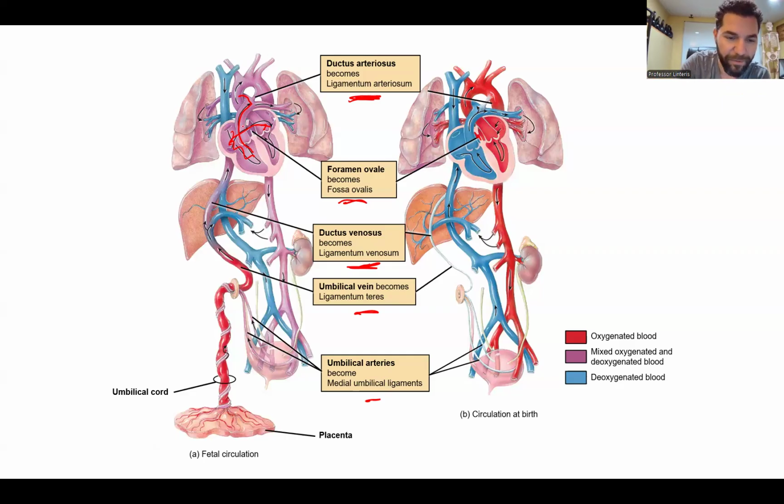What that allows for is blood flow to move from the right atrium to the left atrium, bypassing pulmonary circulation. Even if blood does get pumped out through the right ventricle, which it will, it goes up. We have the ductus arteriosus, which connects the pulmonary artery directly to the aorta. So an additional way we can bypass lung circulation, because the baby's in liquid, in the amniotic fluid, and it's not breathing air.